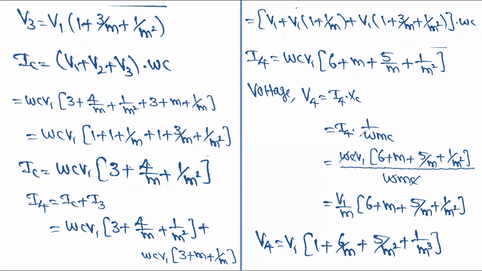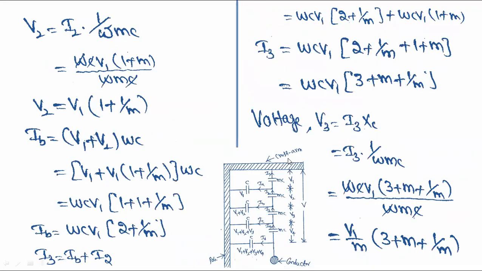Now consider the parameters V1, V2 and then V3. V1 is as it is. And what is the value of V2? V2 is V1 into 1 plus 1 by M. For example, you can take V1 equal to 10 volt.